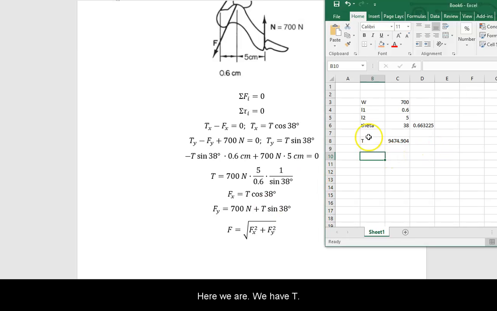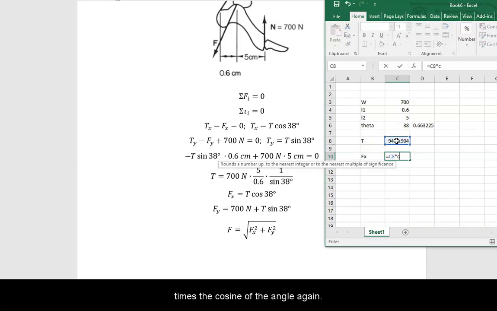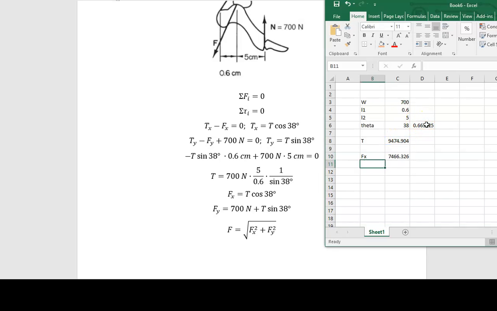And then F total is just going to be the square root, because we have to add the components correctly, basically finding the length of the hypotenuse of the triangle formed by those two legs of the force. So here we are. We have T, and we want Fx. Fx is going to be T times the cosine of the angle. Again, you have to make sure you use radians.